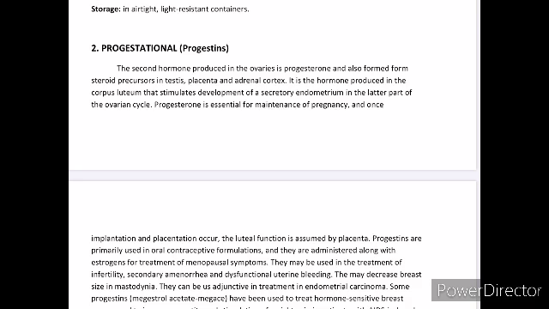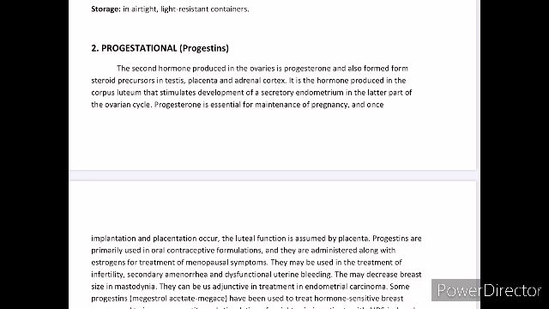Now this progesterone is essential for maintenance of pregnancy, and once the implantation occurs, the luteal function is assumed by the placenta. These progestins are primarily used again in oral contraceptive preparations, and they are given along with the estrogen for the treatment of menopausal problems.